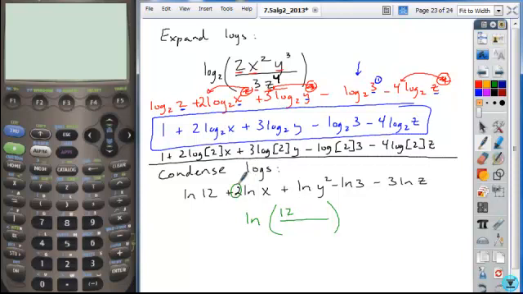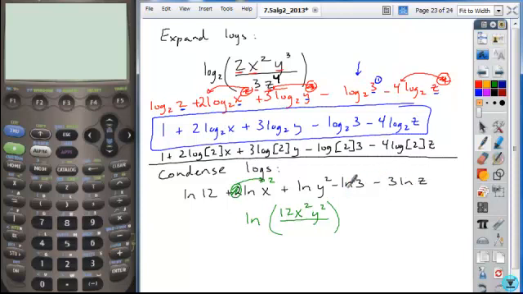This coefficient of 2, we're now going in the reverse process, so that gets moved up to a power. And this x squared has a positive log, so it's a factor of the numerator as well. This next factor is positive, so the y goes in the numerator. It's a y squared. I left it in that form, so you don't have to change it at all. The y squared simply goes in the numerator.